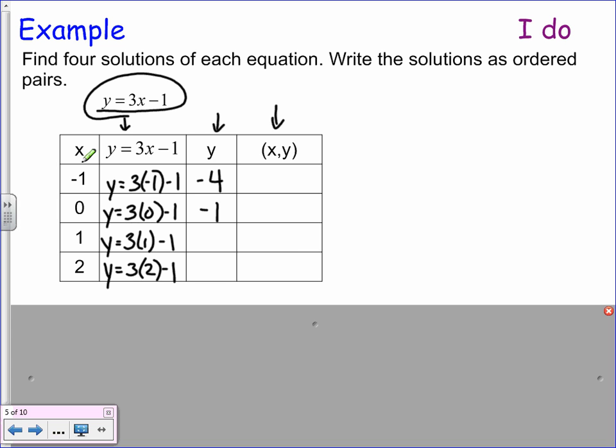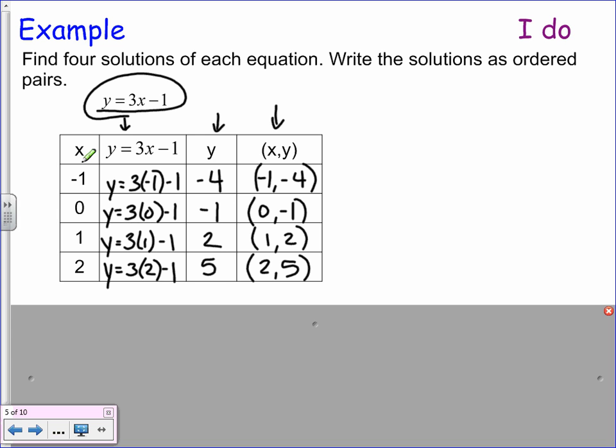Minus 1 is negative 1. 3 times 1 is 3. Minus 1 is 2. And 3 times 2 is 6. Minus 1 is 5. So then my x, y chart is negative 1, negative 4. 0, negative 1. 1, 2. And 2, 5.